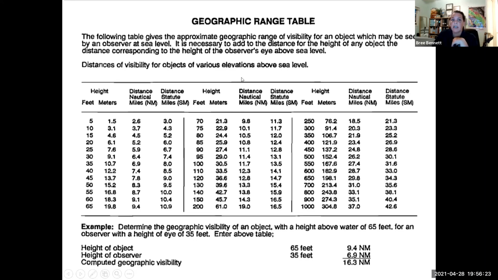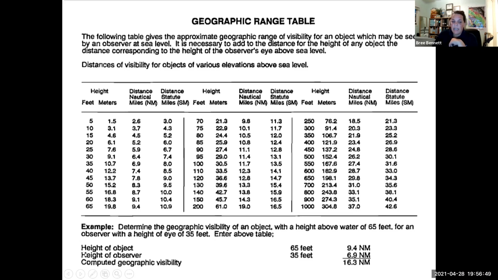The geographic range table is in the light list. So it's pretty straightforward. If you have a 50-foot light, the distance you'll be able to see it is 8.3 miles. If you have a 20-foot light, the distance you'll be able to see it is 5.2.